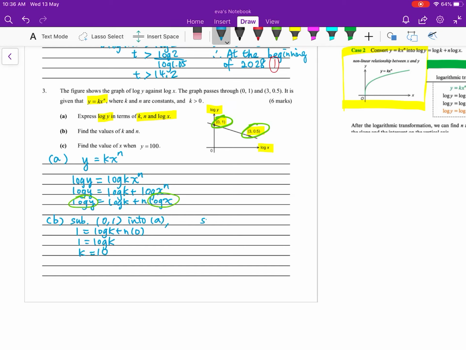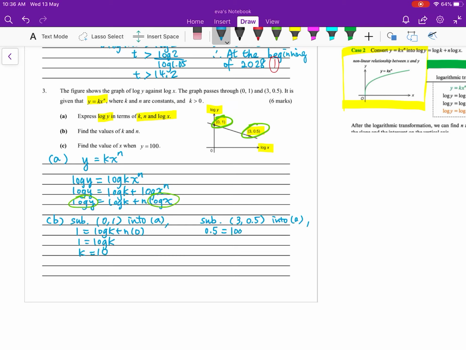Okay, second, we will try to substitute (3, 0.5) into part A. So we will have 0.5 equal to log k plus n times 3.